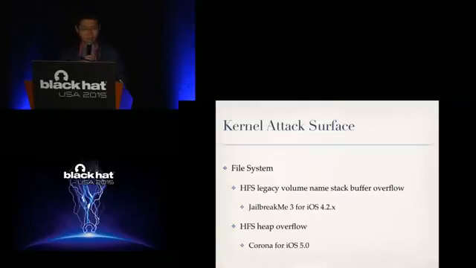There's no check of the HFS legacy volume name, so the problem is a basic stack overflow. And also in Corona for iOS 5, this exploit was written by pod2g, and he claimed that this is an HFS heap overflow.